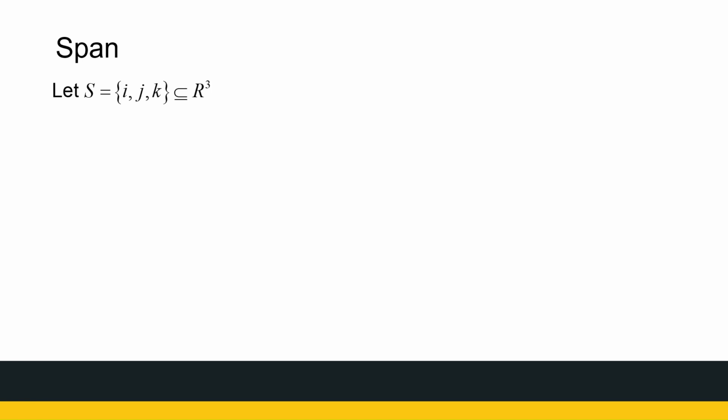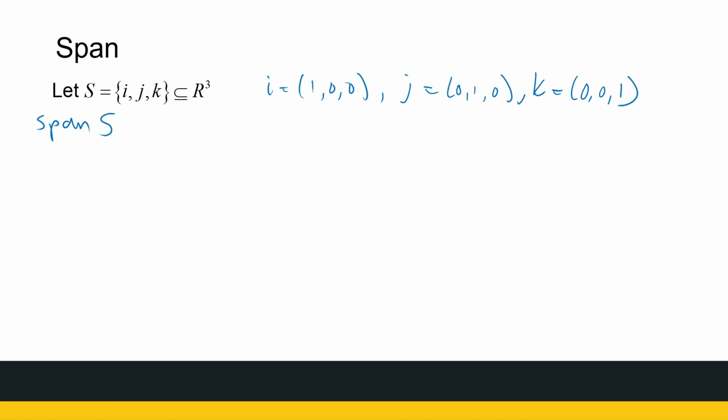So let's look at our first example. With linear combinations, we already looked at this example with I, J, and K, where I is 1, 0, 0, J is 0, 1, 0, and K is 0, 0, 1. Now, if we look at the span of set S, yet again, S is not a vector space, but let's look at the span of S. Span of S is a set made up of all linear combinations.